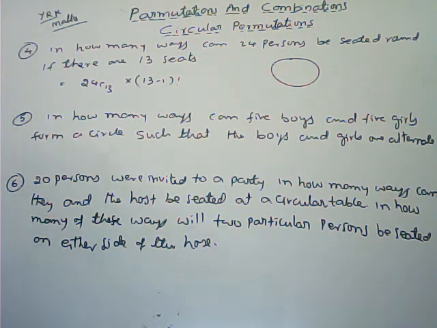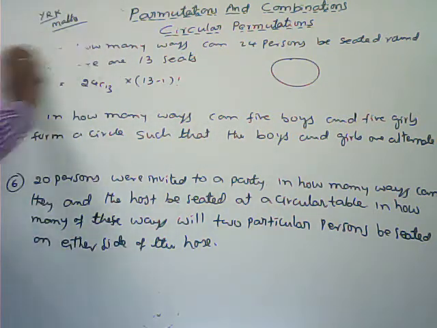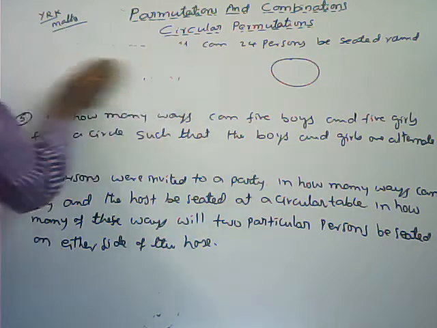Next one. In how many ways can 5 boys and 5 girls form a circle such that the boys and girls are alternate? Here no two girls sit together and no two boys sit together.